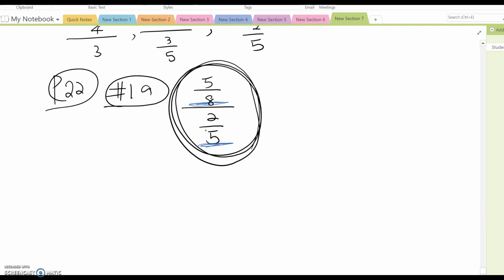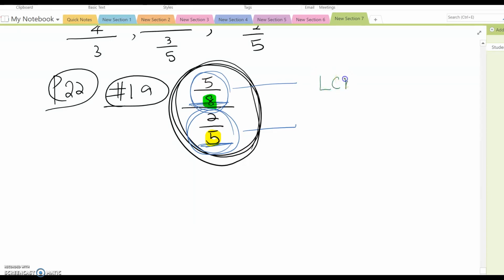So the numerator is 5 over 8, a fraction form. The denominator is 2 over 5, also a fraction form. So the numerator and denominator both have the fraction form. Now please find the LCD between these two denominators. The numerator has 8 as the denominator, and the denominator has 5 as the denominator. What is the least common multiple of 8 and 5?